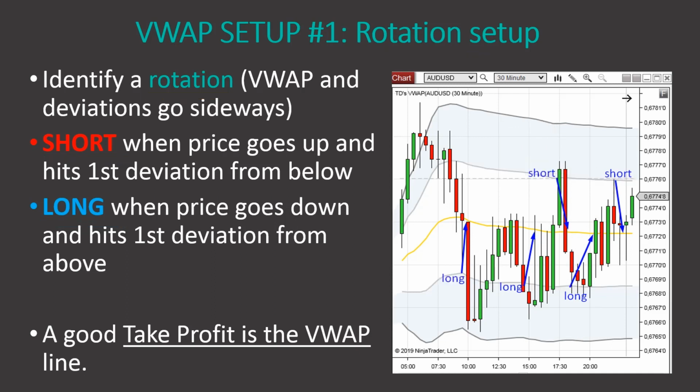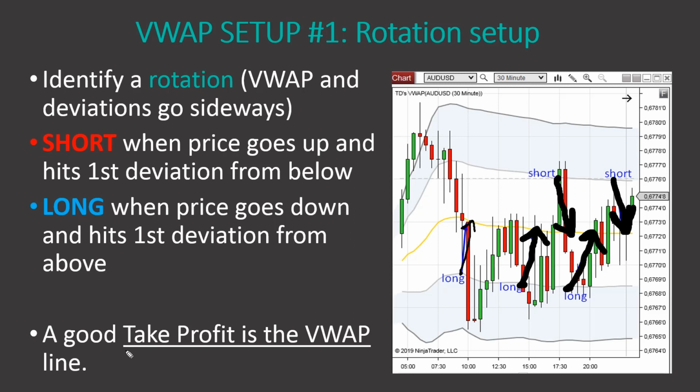So let me delete that. If you look at the picture, in here the price hit the first deviation, you go long. Again in here, another long from here. Then from this deviation, there is a short from this place, short from this place. All right, so that's basically how you can trade this rotation setup.